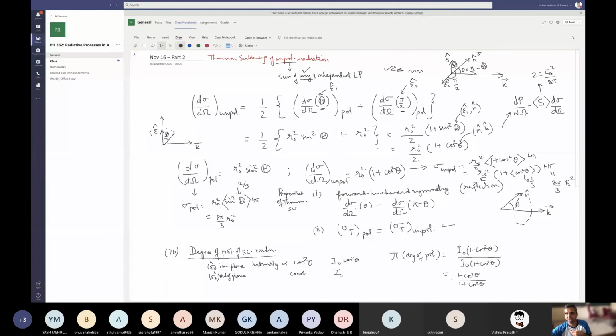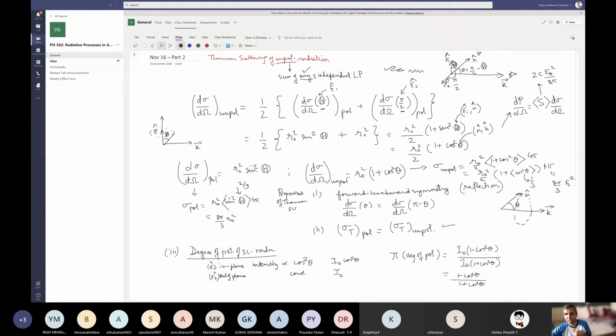You can see when theta equals 0, you get 0 polarization, right? When you're looking from here, you are able to see this acceleration because this is perpendicular to the line of sight, and you are always able to see this acceleration. So you see two equal amplitudes but uncorrelated phases. So this is totally unpolarized light.